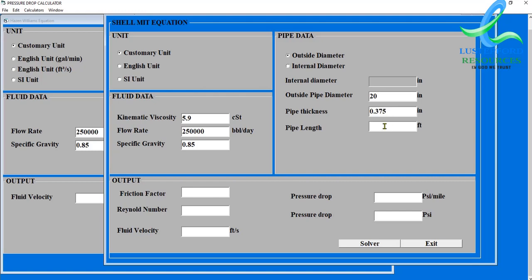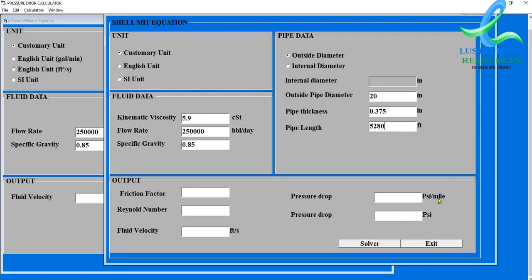Okay, 1 mile is equivalent to 5,280 feet. So this is what we're looking at.